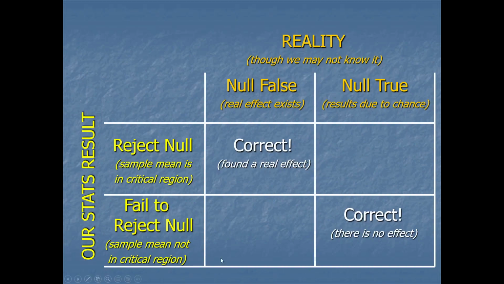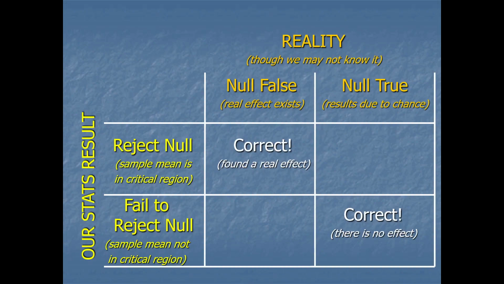Or for that matter, the null might be true and there's no effect in reality, and we might run our stats and, thank God, we failed to reject the null hypothesis, which is also great. In that case, our statistical results match up with reality as well. And certainly, both of these boxes should be the most common if we're doing science correctly and using a big enough sample size and good research designs and solid research practices.